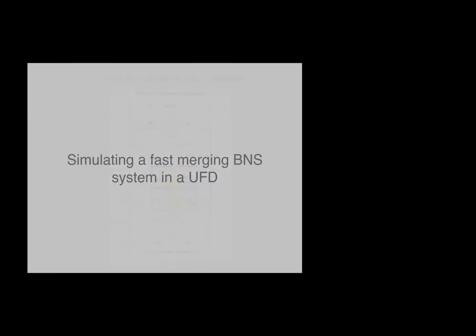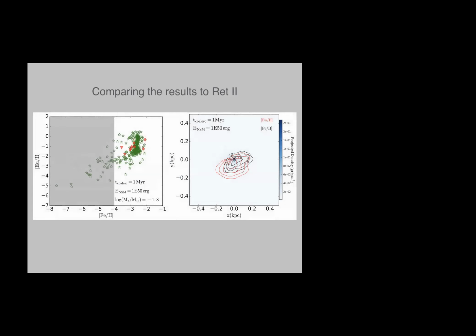We have simulated this fast merging channel in ultra-faint dwarf galaxies. We did a zoom cosmological simulation on ultra-faint dwarfs, and you can see that if you impose a fast merging channel into the system, your simulated stars, which I'm showing in green, agree in distribution with the 7 stars of Reticulum 2.